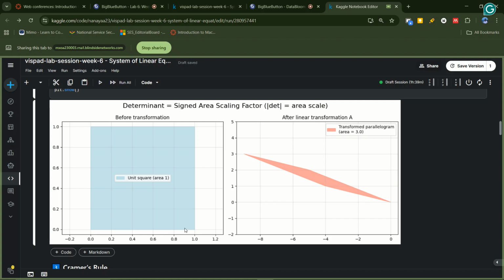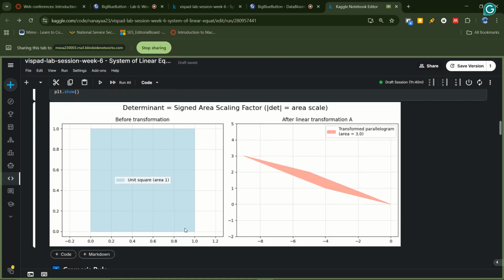I hope this is clear to you. We multiply some matrix A by the unit square matrix and it transforms to give you this, is it pink, orange? Yeah, that's the transformed parallelogram.